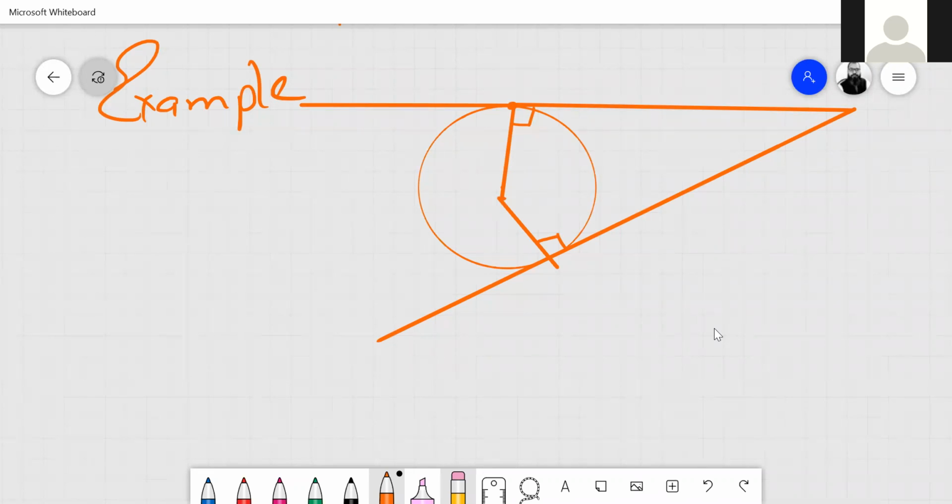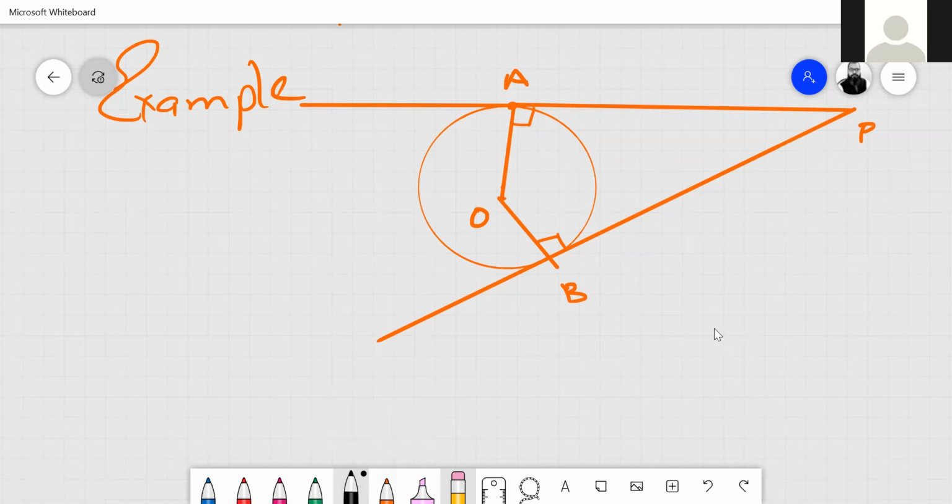OABP is a quadrilateral, so the interior angles add up to 360. O, A, B and P. Is it a quadrilateral or not?